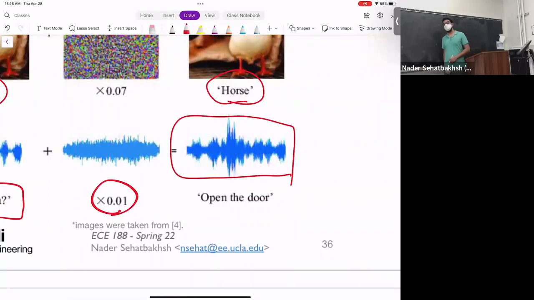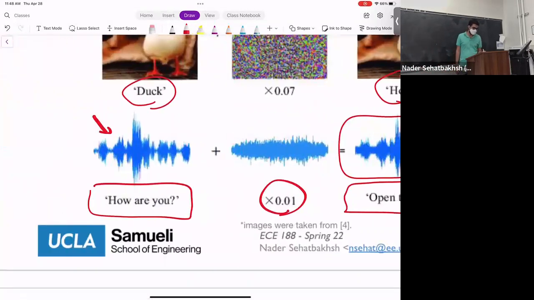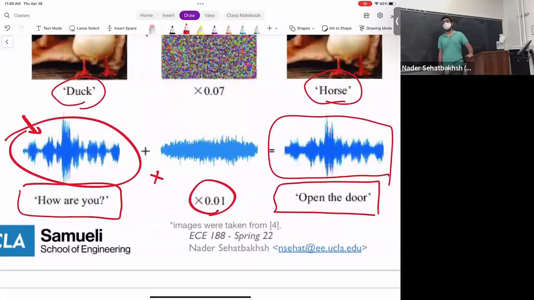And actually they feed this into their neural nets, and the model thinks that this is actually the command open loop. Okay? So all it needs to do is get this input, add some noise, and force the system to make the wrong decision. Again, this is with the assumption that nothing has changed during the training. All we have changed is the sample during the inference.